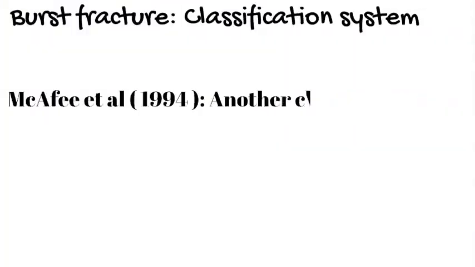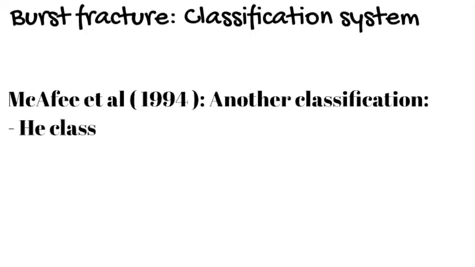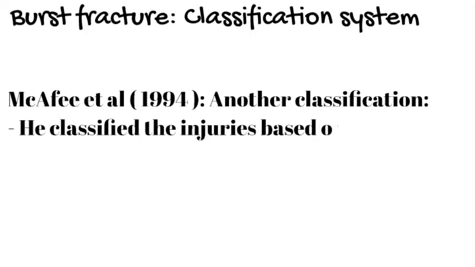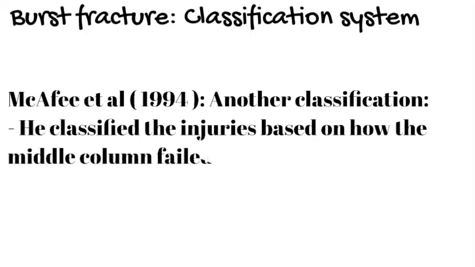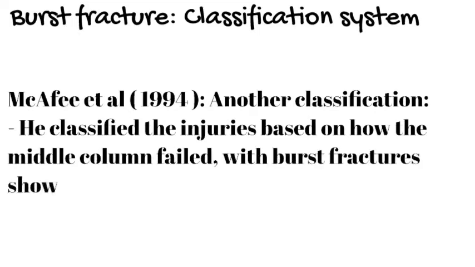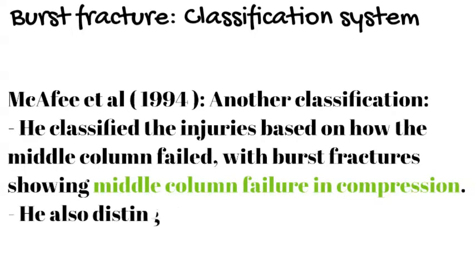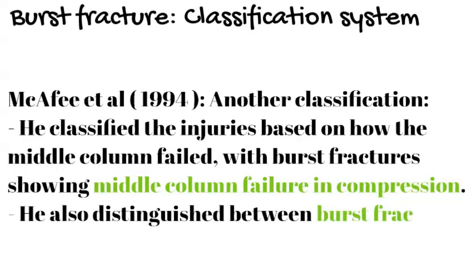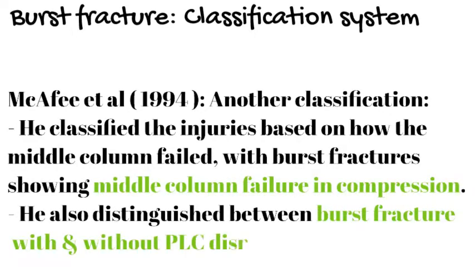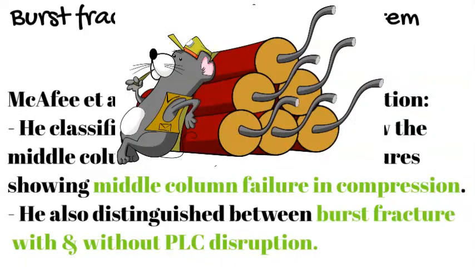McAfee et al., 1994, described another classification. He classified the injuries based on how the middle column failed, with burst fracture showing middle column failure in compression. He also distinguished between the burst fracture with or without PLC, posterior ligamentous complex, disruption.